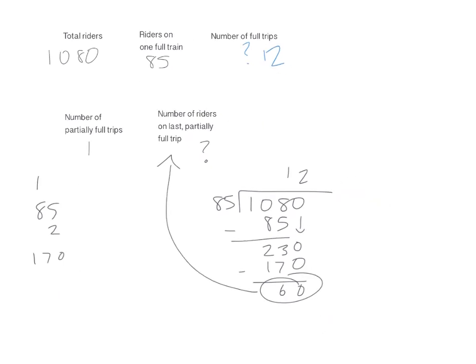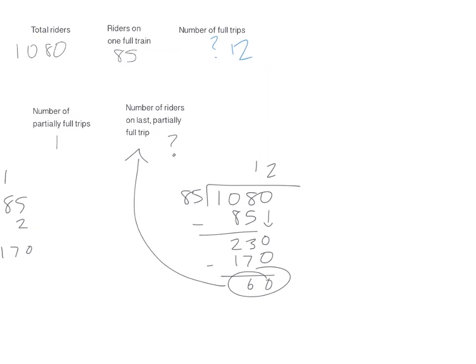Why is that? Well, think about what happens when you have a division problem and you have a remainder as an answer. We take our quotient of 12, set a remainder of 60 over the divisor of 85, okay, and then we have 12 and 60 85ths. 12 is the number of full trips that were taken. 60 is the remainder, and in this case, it's really the remaining number of people on that last trip.